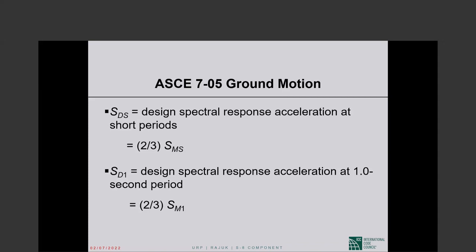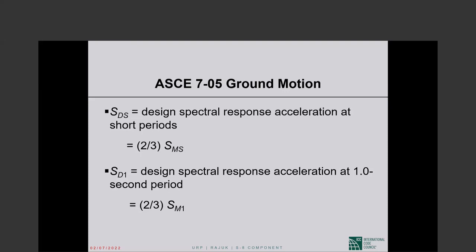So think of 1.5 as a margin of safety available in your structure. So the idea behind this 2/3 is, if we consistently everywhere design for 2/3 of the maximum considered earthquake ground motion, the built-in margin of safety of 1.5 would ensure that we would barely avoid collapse in the maximum considered earthquake. So that's where 2/3 comes from.